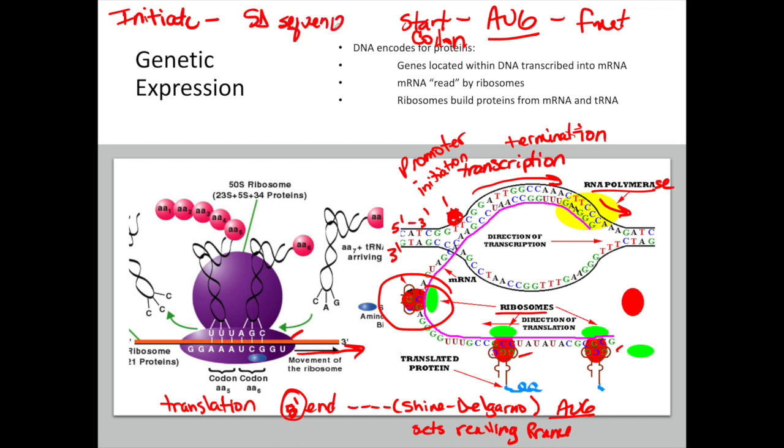And once we hit the Shine-Dalgarno sequence and the first AUG is found, we begin elongation. And elongation in ribosomes occurs in 3 places within the ribosome. And then, of course, at termination is when we would reach the end of the mRNA transcript, and the whole complex falls apart, releases this polypeptide out into the cytoplasm, and the cell now has the protein that it needs.